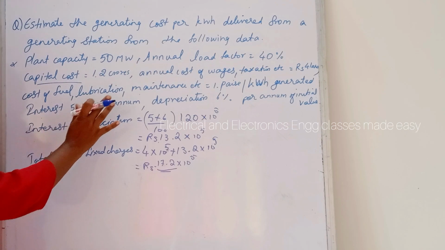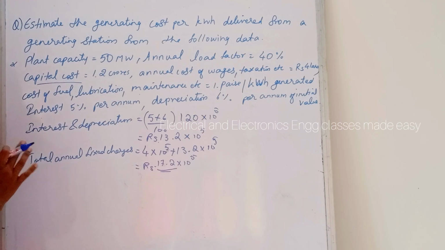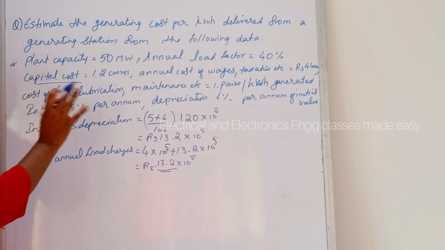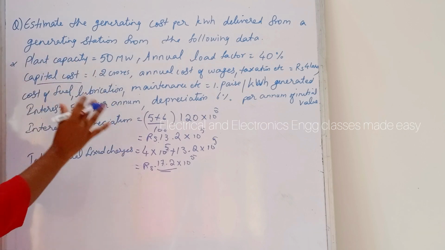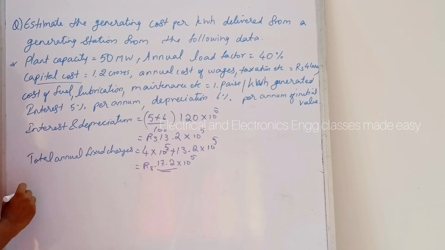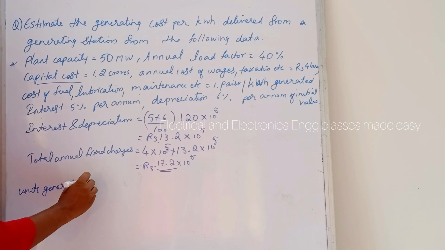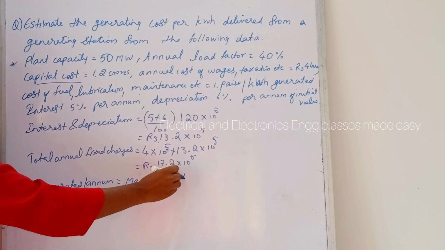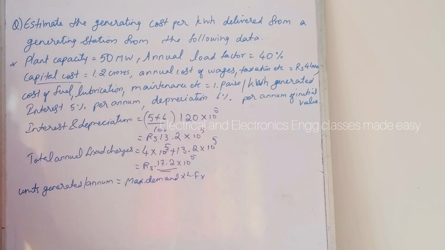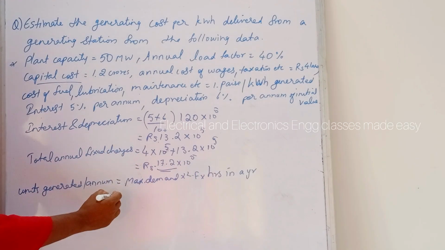Now we can find the annual running charges. To find the annual running charges, first of all we have to find the units generated. Here units generated is not given. So first of all find the units generated per annum. Units generated per annum is equal to maximum demand into load factor into hours in a year.